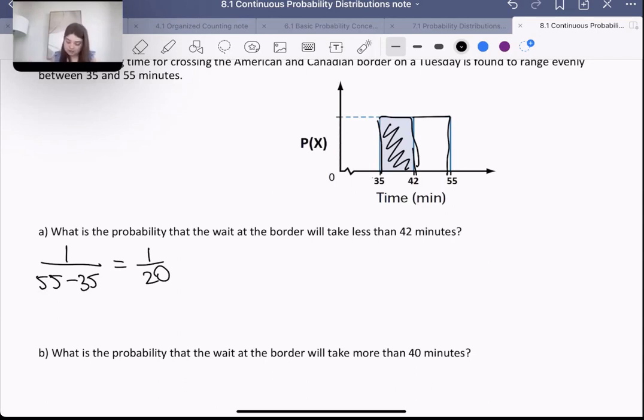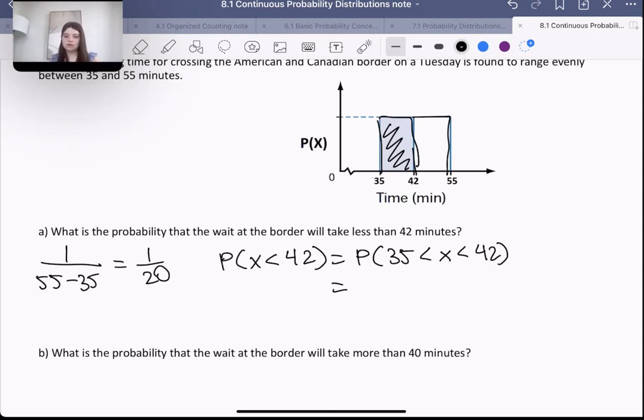In this case, we want the probability that x is less than 42, not that it actually makes a difference whether it's less than or equal to. That would be the same as the probability that we're between 35 and 42, and that means that's 7 minutes. We could be between minute 35 and 36, 36 and 37, 37 and 38, and so on up to 41 and 42, right?